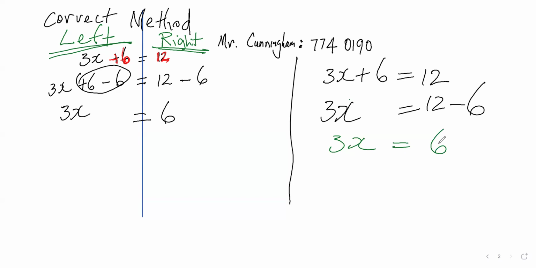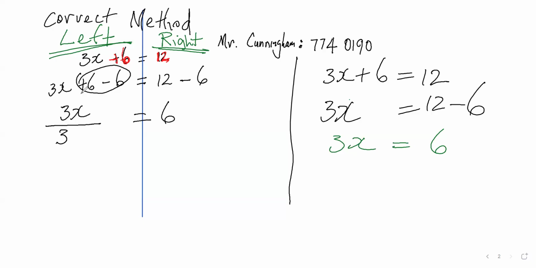So we're going to do the opposite of multiplication to get rid of that 3. Anybody could tell me, if you're not multiplying, what you're doing? Dividing. All right, so to get rid of this 3, I have to divide by 3.